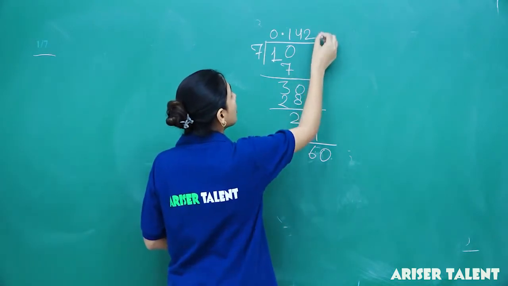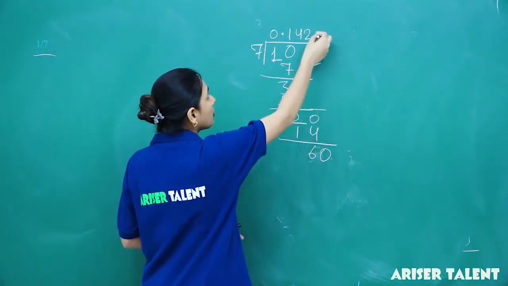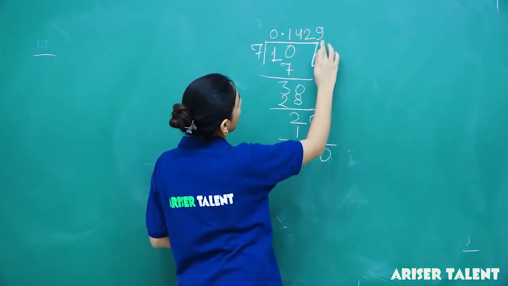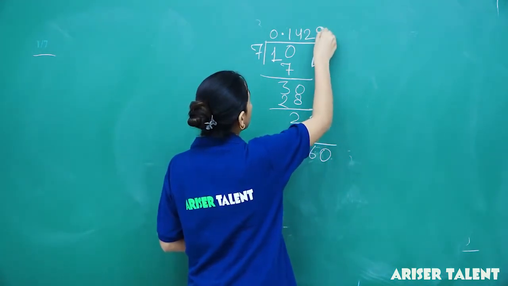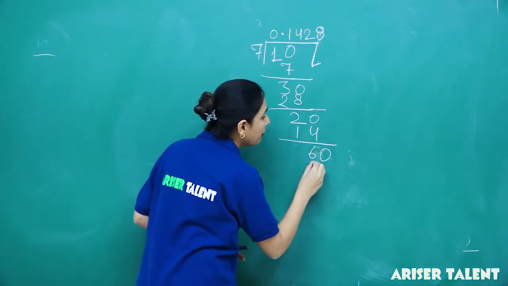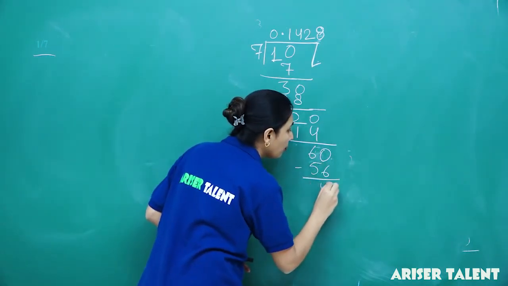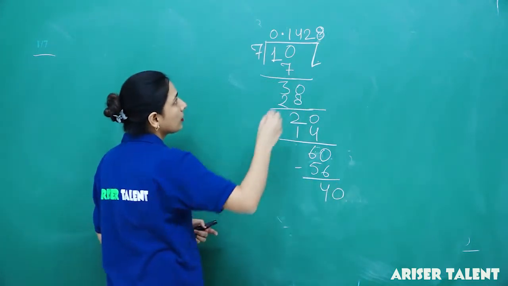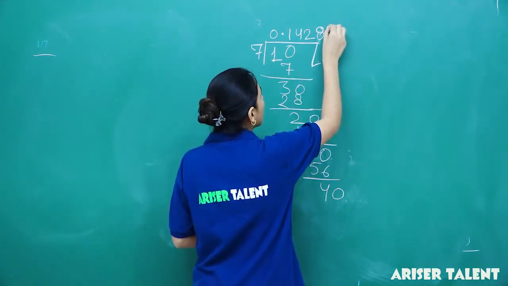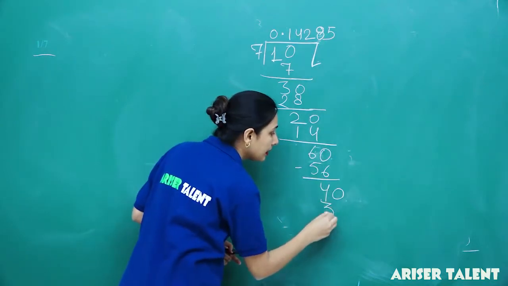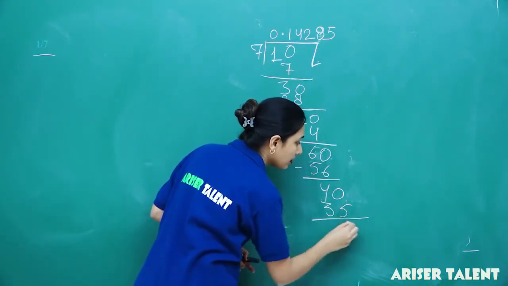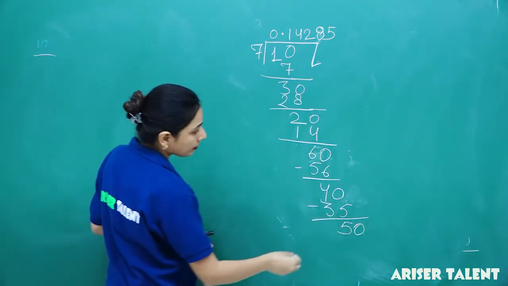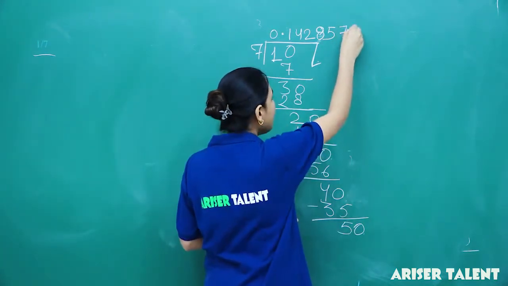Now 9 times, 8 times 56, 4, again 0, 5 times 35, 5, again 0, 7 times.